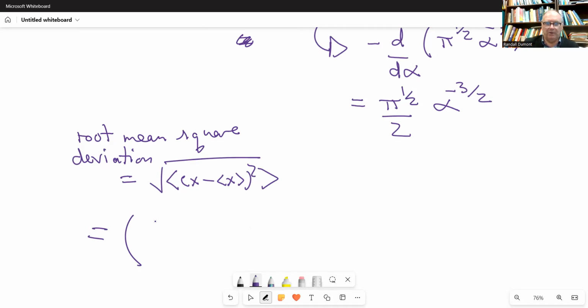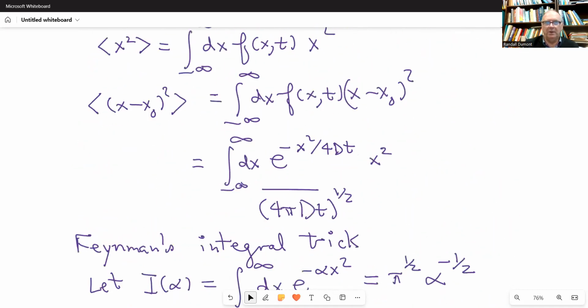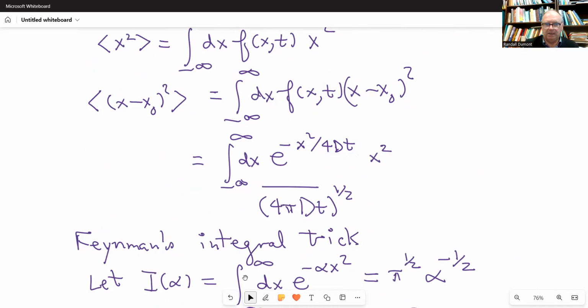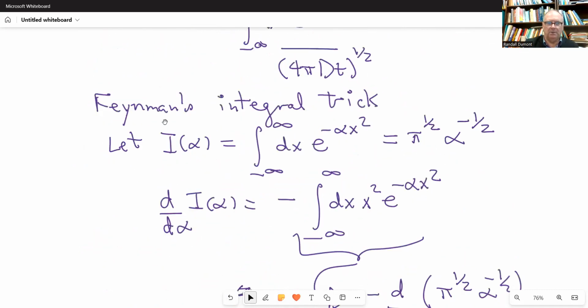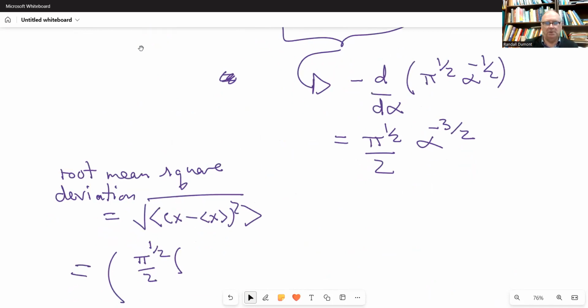So we had the numerator was pi to the 1/2 over 2, and it's alpha to the -3/2. So what is alpha? It's 1 over 4 pi dt. So we get 4 pi, well, it's just 4 dt. The numerator had the pi. There's no pi there.